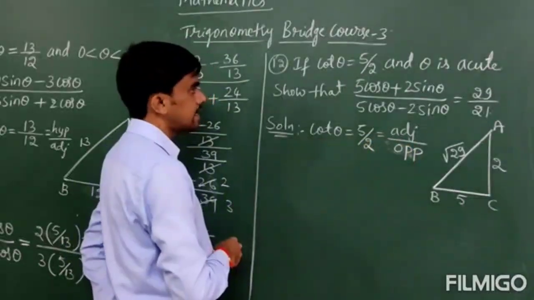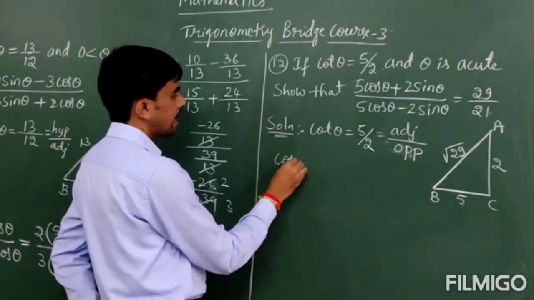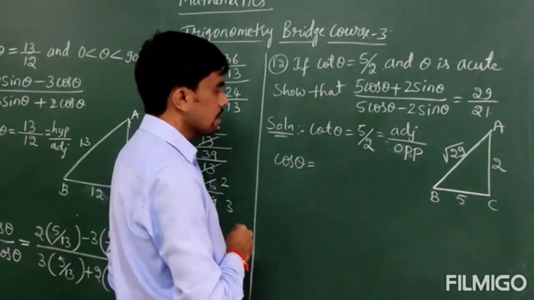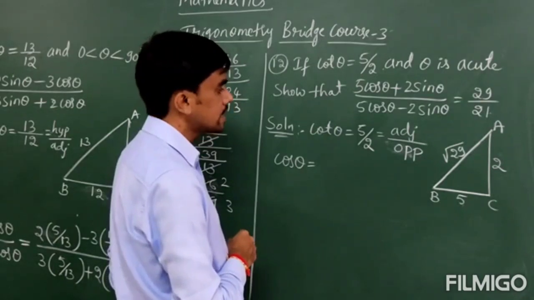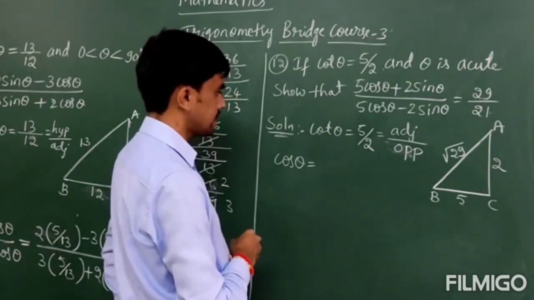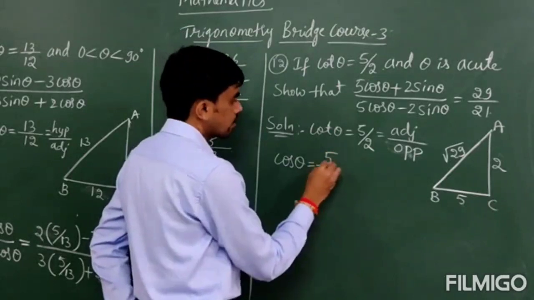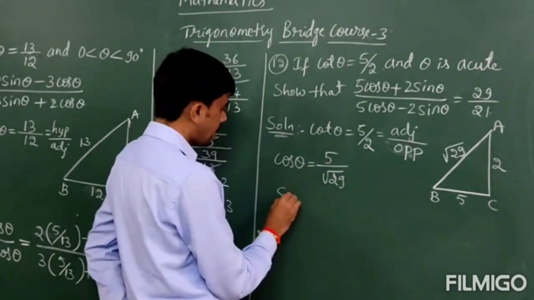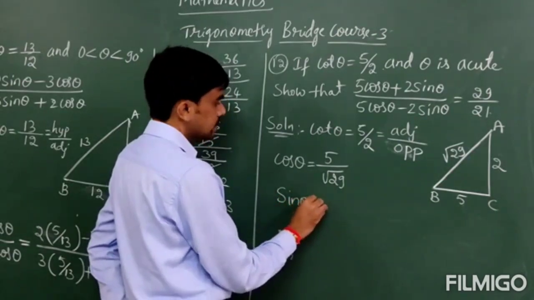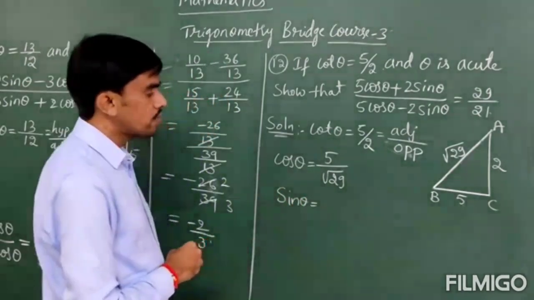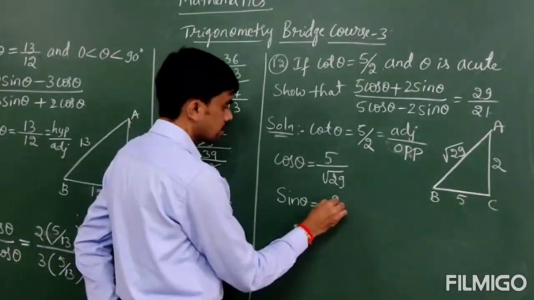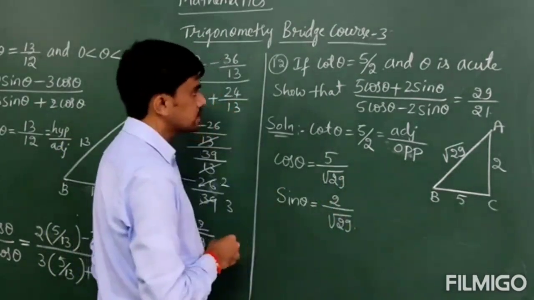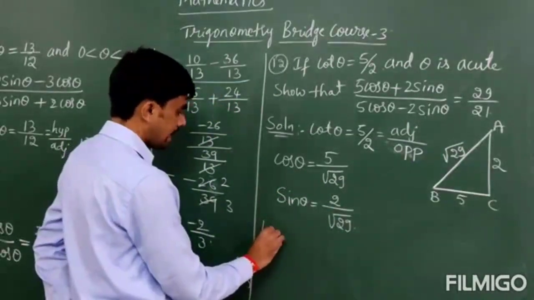From this right angle triangle, we write the value of cos theta, which is adjacent by hypotenuse, that is 5 by root 29. Sin theta is opposite by hypotenuse, that is 2 divided by root 29. Next we have to take the LHS.